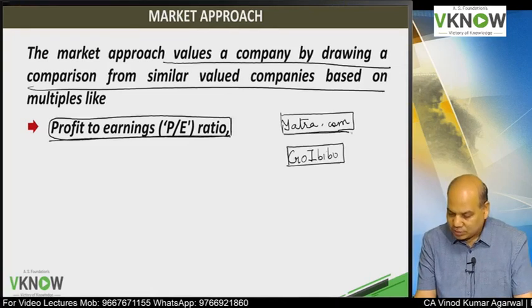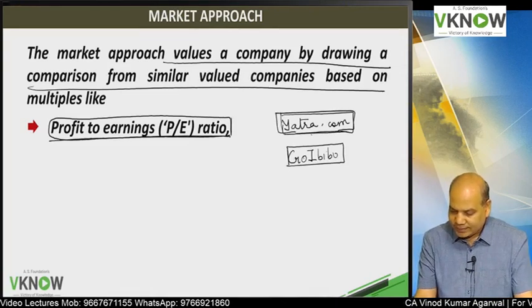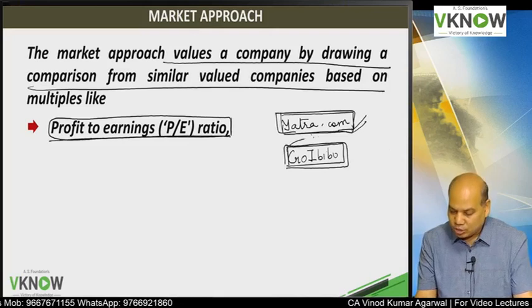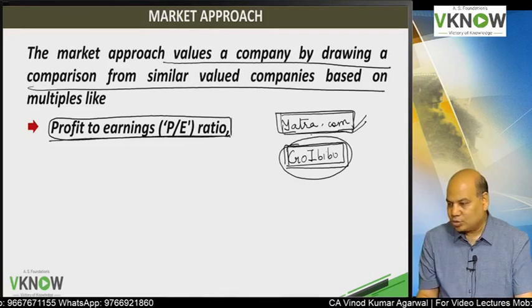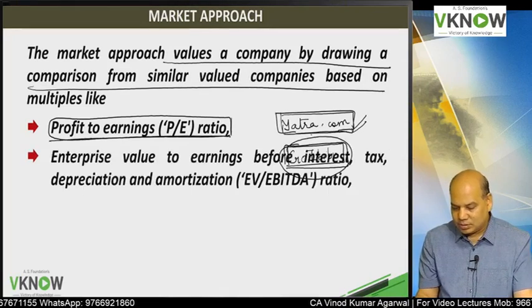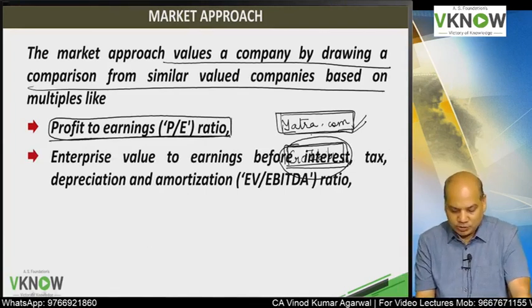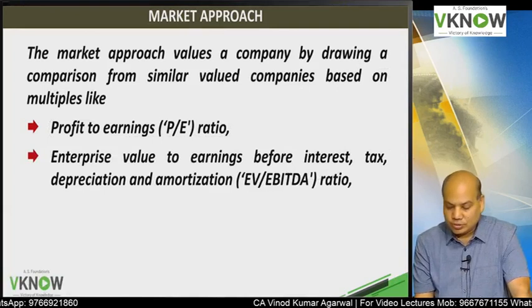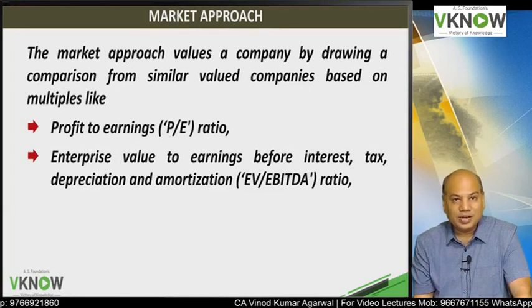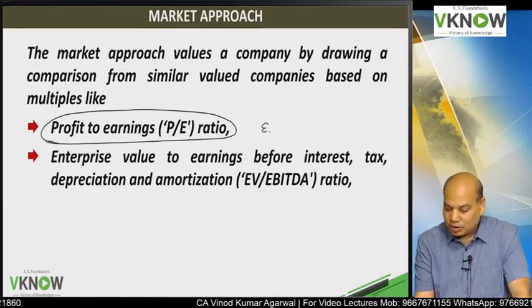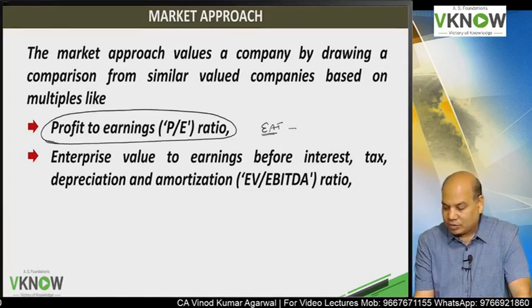This is a listed company, this is an unlisted company. Go and take the P/E ratio of this company and you can apply it to the other company, subject to their profit being positive. Profit should be positive. Or you can use, which is more popularly used compared to this model, because by the time you compute earning after tax, it becomes negative.